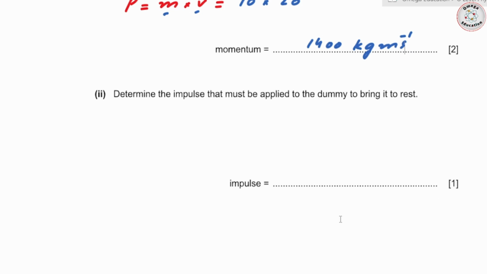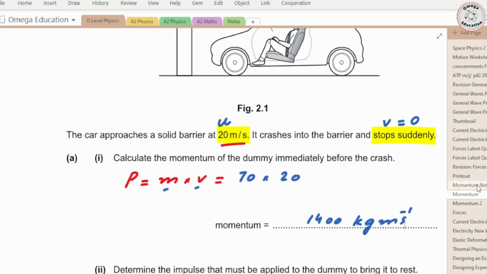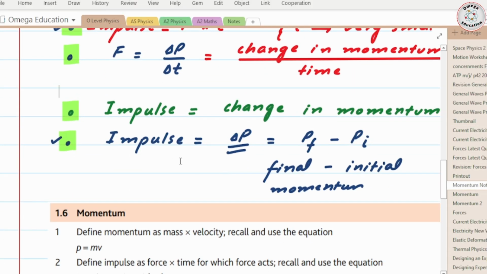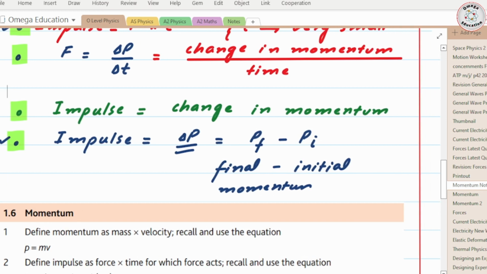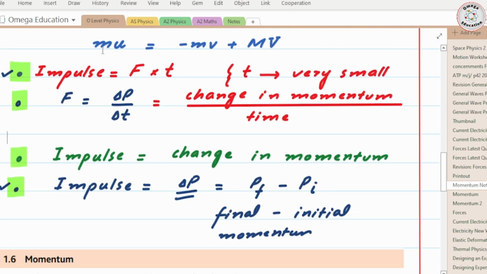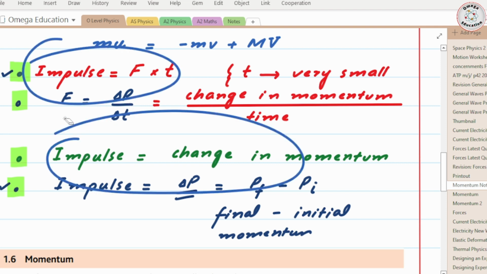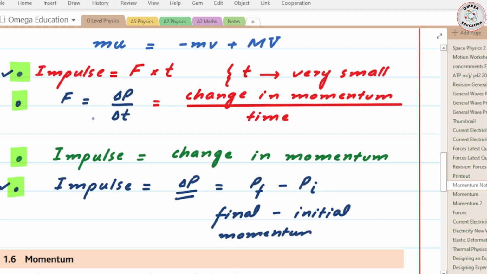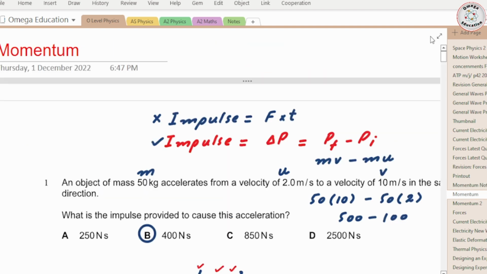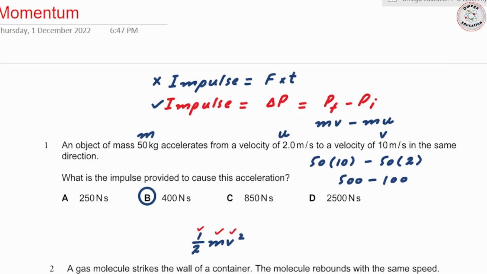Determine the impulse that must be applied to the dummy to bring it to rest. All right, so you go back to your toolbox. For the impulse, we have written down 2 formulas. Impulse equals force times time, and impulse equals change in momentum. So we see which one should be more appropriate over here.